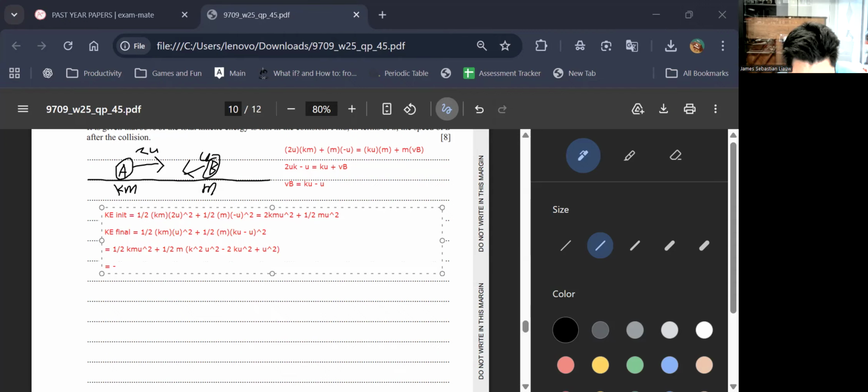And this simplifies to minus half kmu squared plus half k squared u squared.